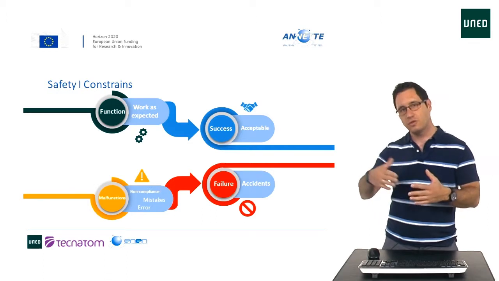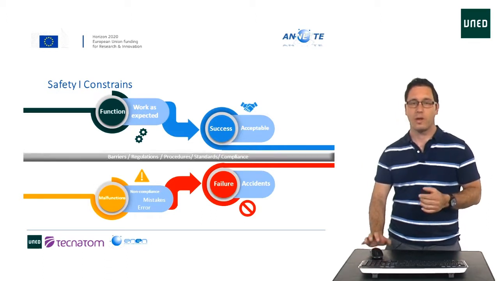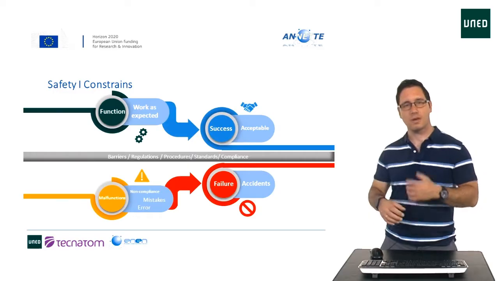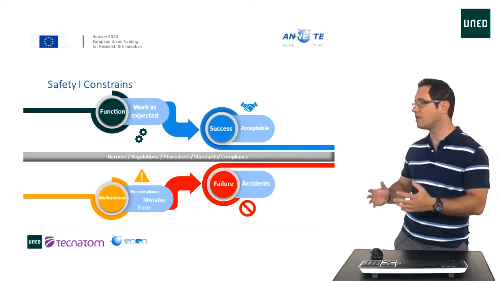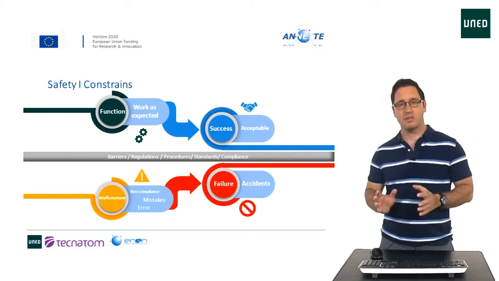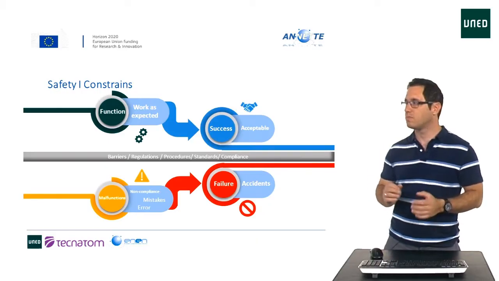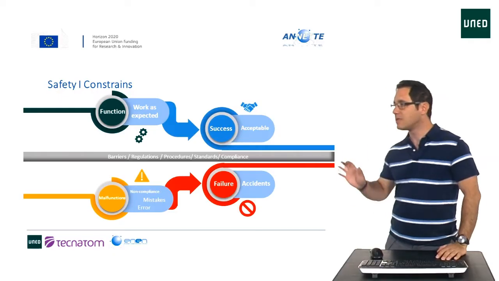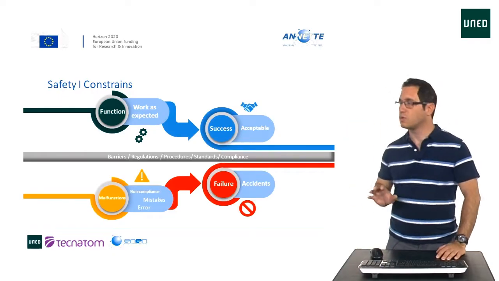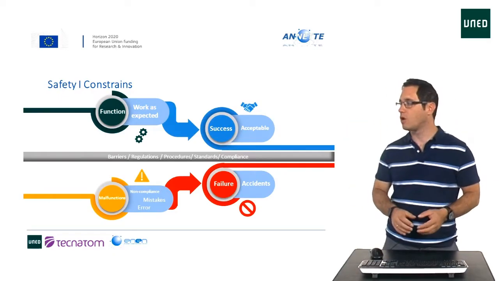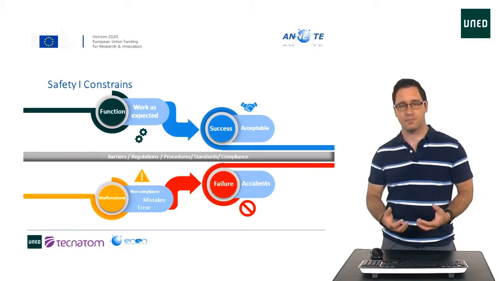protections, as we said, using the cheese model. So we have barriers, regulations, procedures, standards. You have to comply with all the procedures and standards. Somebody said that this is what we can call a war on error.